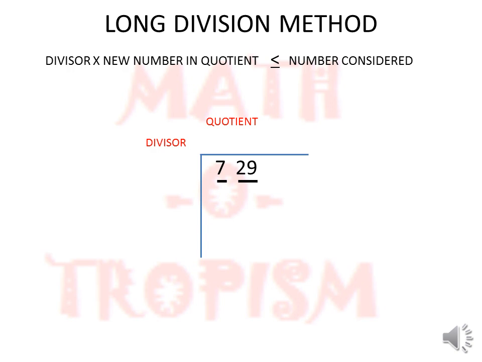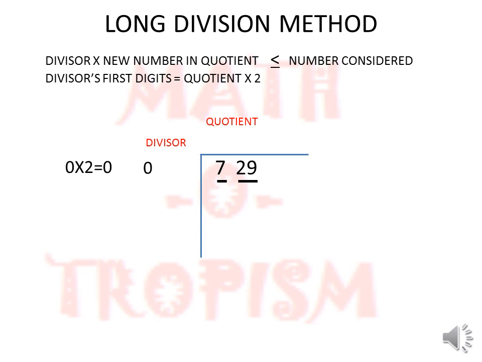So now we will go to the second rule, which is: divisor's first digit is quotient into 2. There is no quotient over here, so 0 into 2 is equal to 0. So the divisor's first digit is 0.